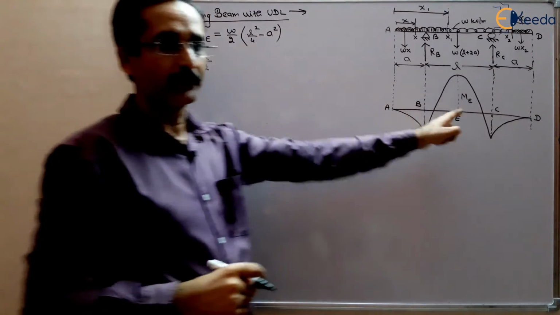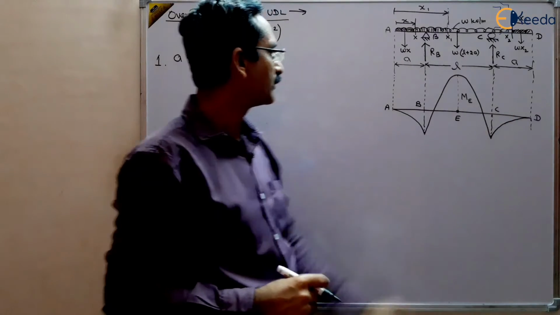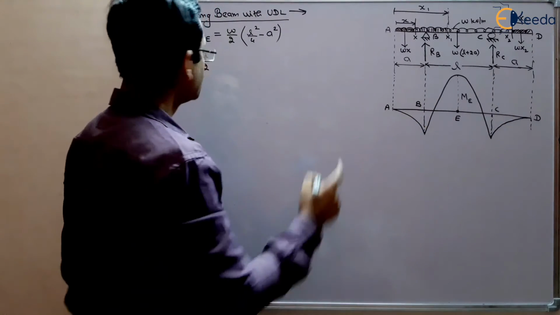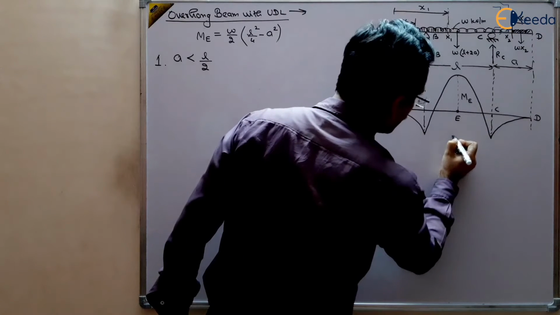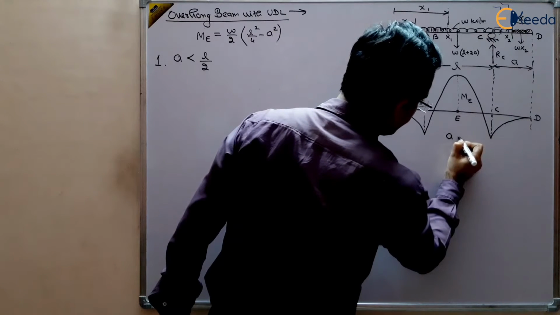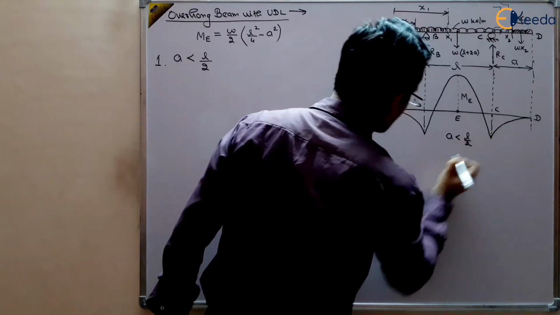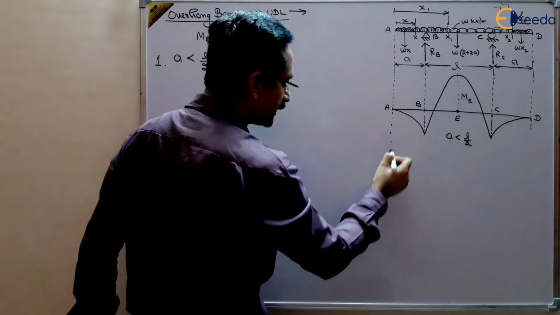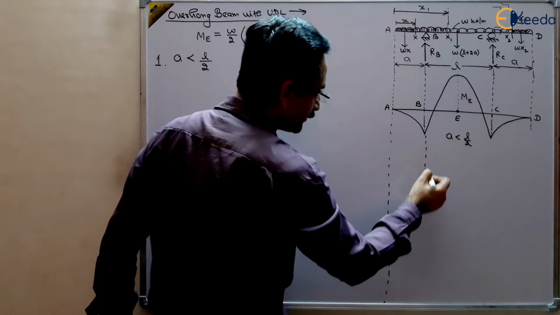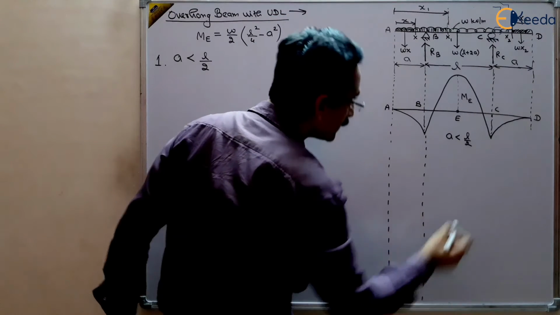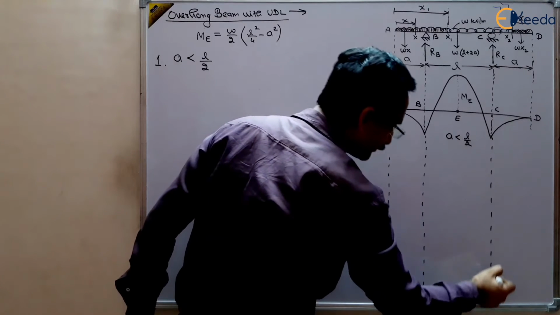This is the diagram, right? A is less than L by 2. We are getting this curve. So this bending moment diagram is for A less than L by 2. But what will happen if A becomes equal to L by 2? Then what is going to happen?